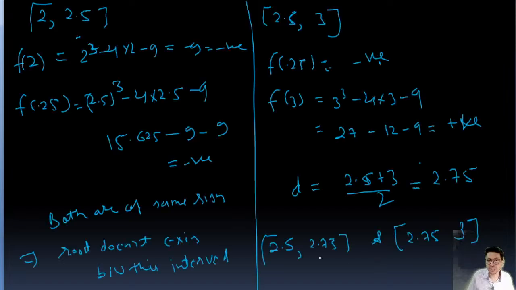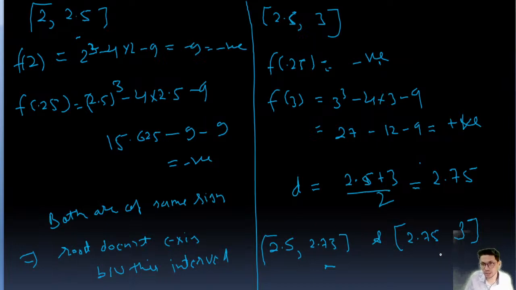Similar thing we are going to do. If we check 2.5 and 2.75, the root is existing between these, right?